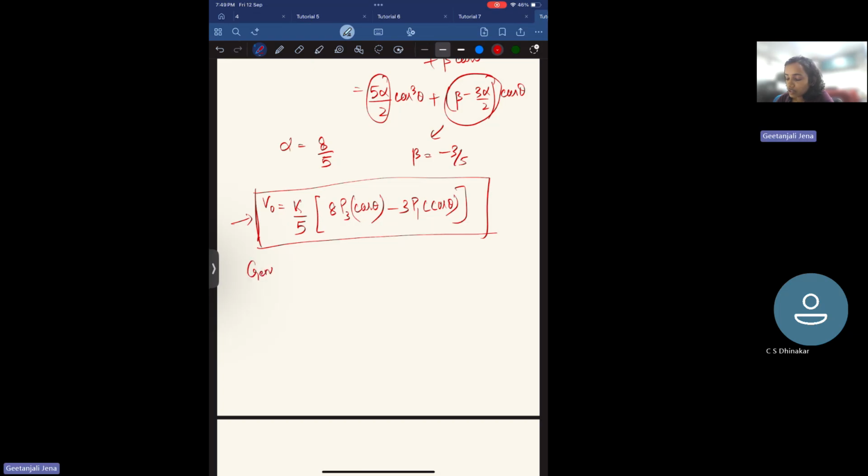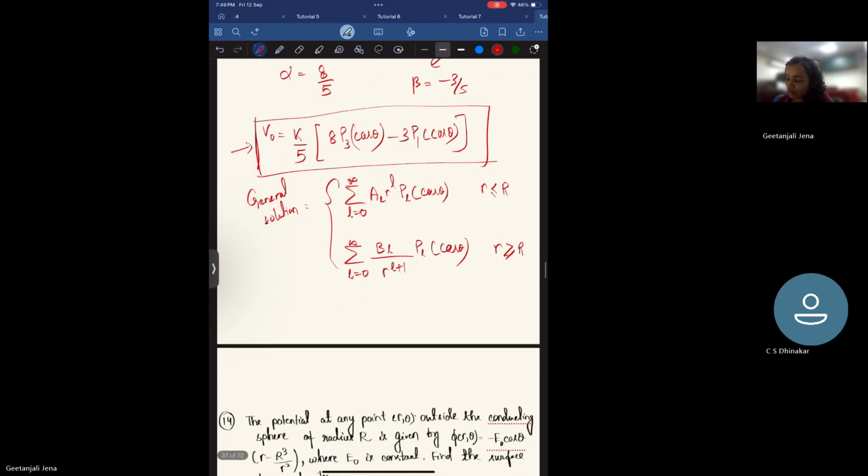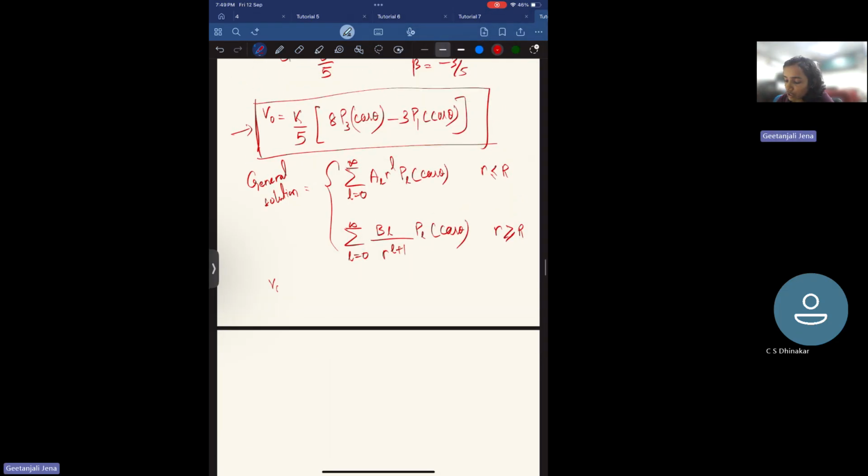Now the general solution for a spherical system, if you recall, is the summation from L = 0 to infinity of A_L R^L P_L(cosθ) for R less than or equal to R, and outside, we have the summation from L = 0 to infinity of B_L / R^(L+1) P_L(cosθ) for R greater than or equal to R. So our task is to equate the boundary condition.